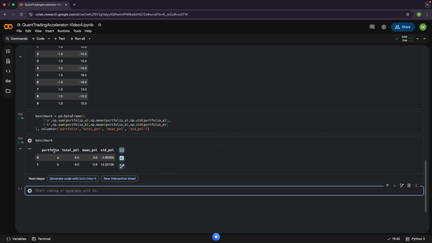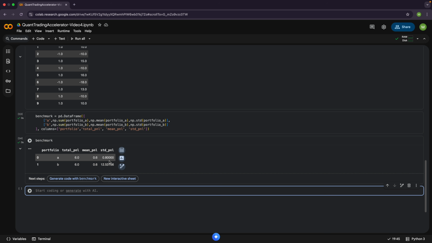You can see here that for portfolio A and B, we've calculated the total sum, so the total P&L. They both earn $6. It's a toy example. They both have the same central tendency, 60 cents on average.